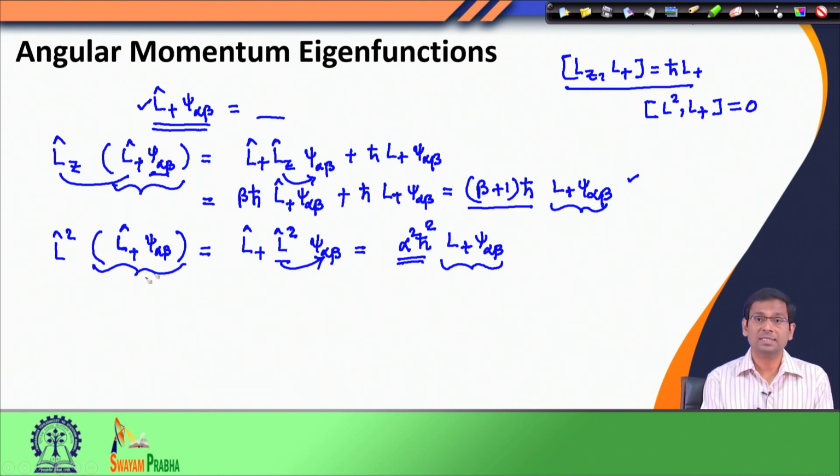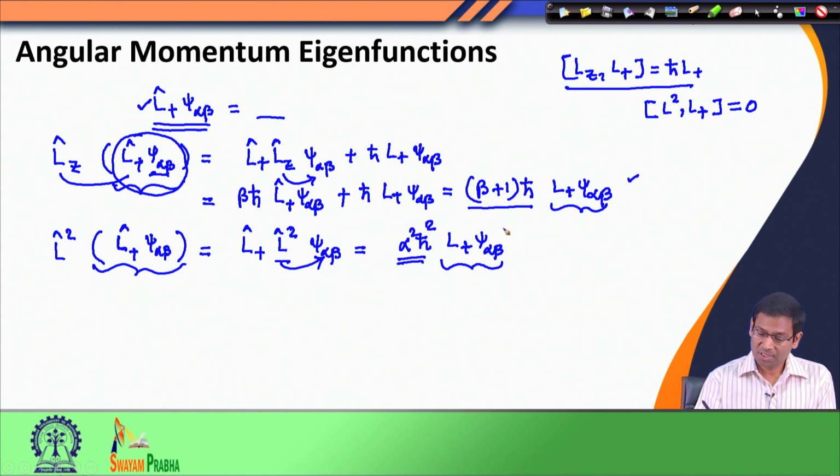Now, since I am in the process of finding the simultaneous eigenfunctions of the L square and Lz operators, I see that this L plus psi alpha beta function satisfies the requirement, because it is simultaneously an eigenfunction of the L square operator and the Lz operator. Therefore, L plus psi alpha beta is one of the possible eigenfunctions that I am looking for.